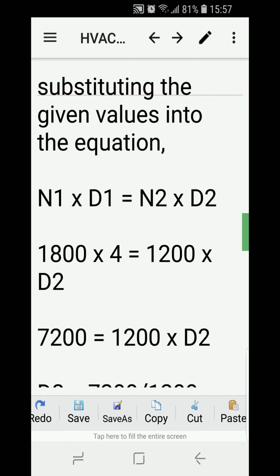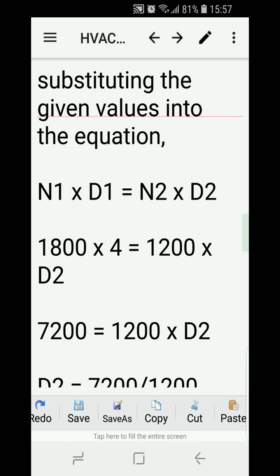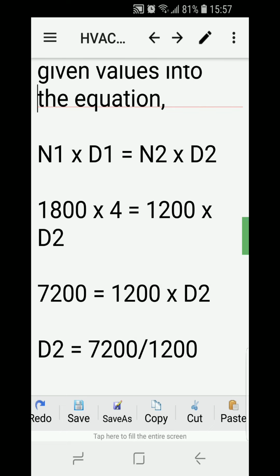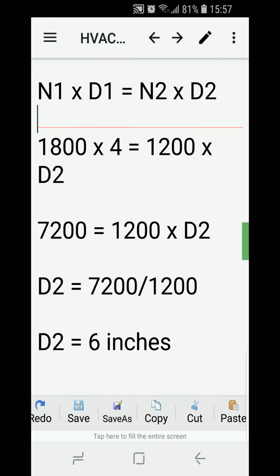So we'll rearrange the numbers. We have 7200 is equal to 1200 times D2. To solve for D2, we need to divide 7200 by 1200. So now we got D2 is equal to 6 inches.